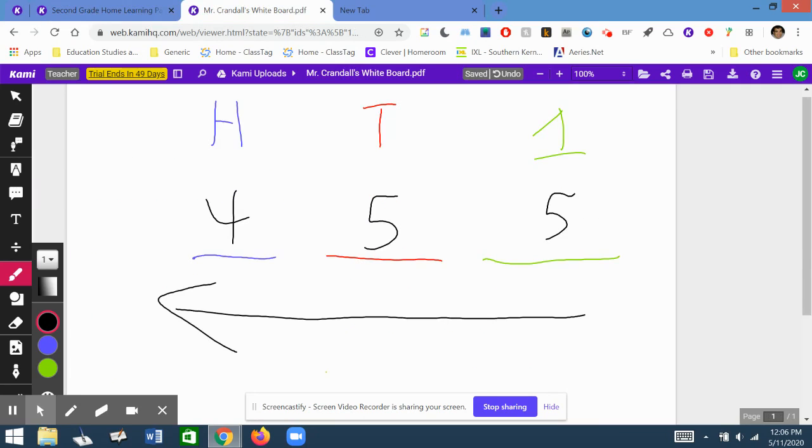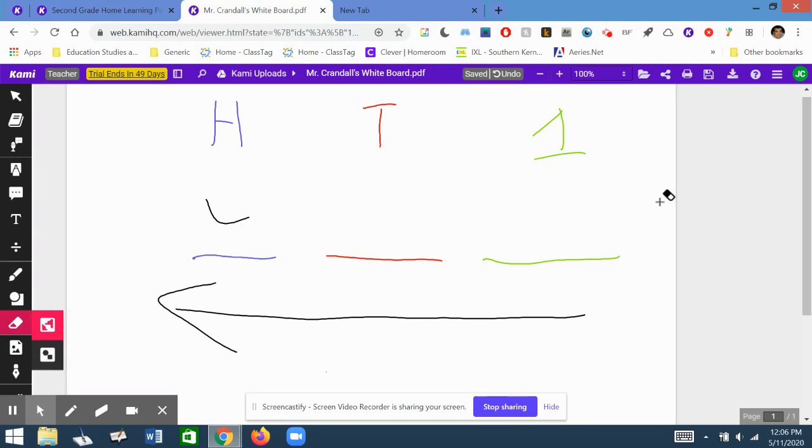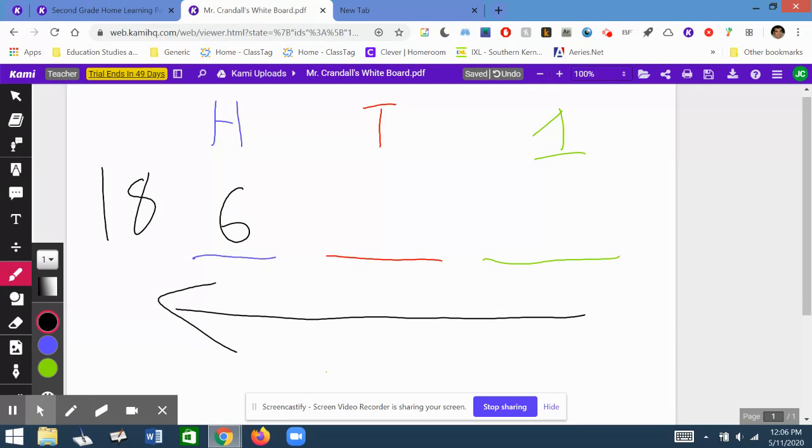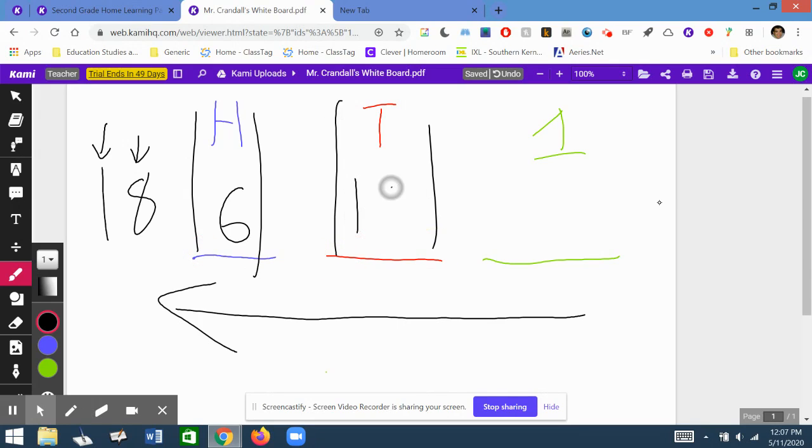618. So it said 600, and that gives us the first number. 18. Now, the number 18 is 1, 8. Since, as we said before, in place value you can only have one digit in each of these boxes, you couldn't put an 18 here, and you couldn't put an 18 here.